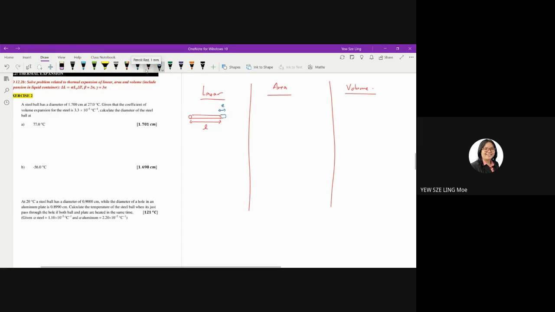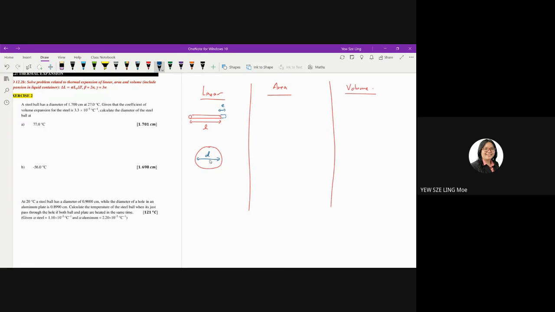Now the second thing. In case you are given a circle, usually we say it's about area, right? But we can solve it using the linear expansion method if you are just looking at its diameter.